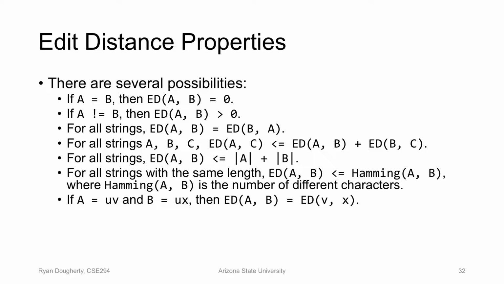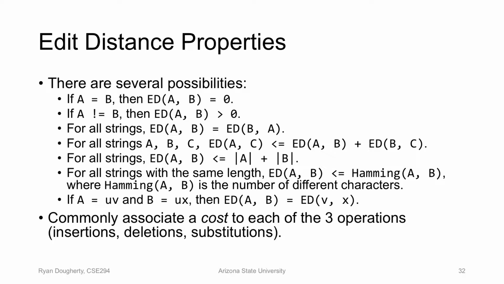So I can essentially just chop off part of the strings if it's the same either at the beginning or the end. And then what we do a lot of the time is sometimes insertions can be a lot more costly than deletions, or substitutions could be more expensive. Or maybe substitutions for a certain character to another character is much more expensive than another substitution.